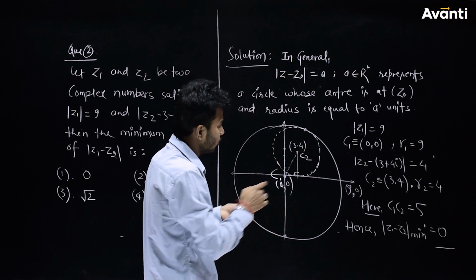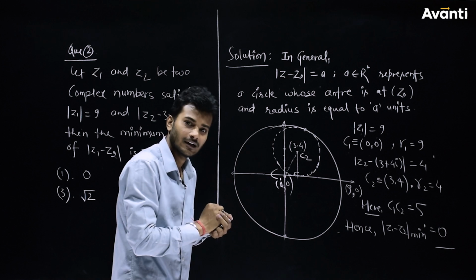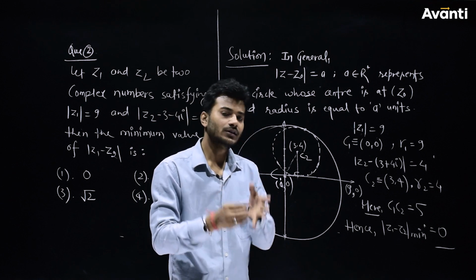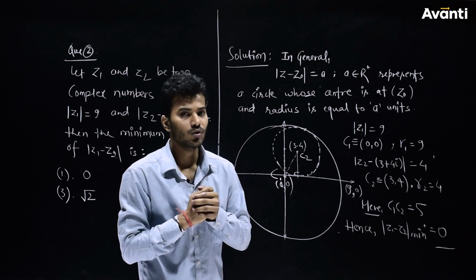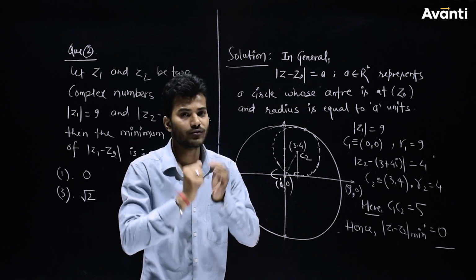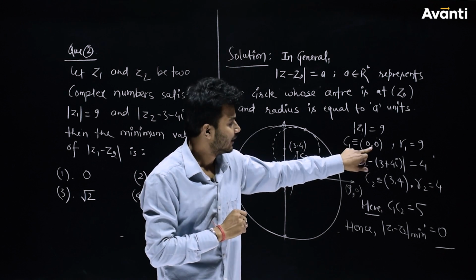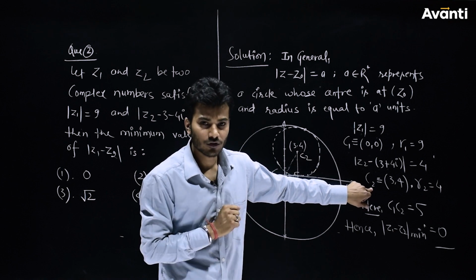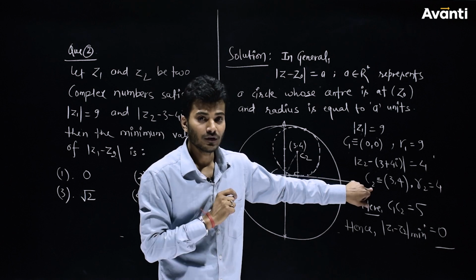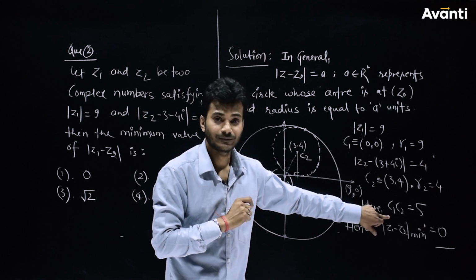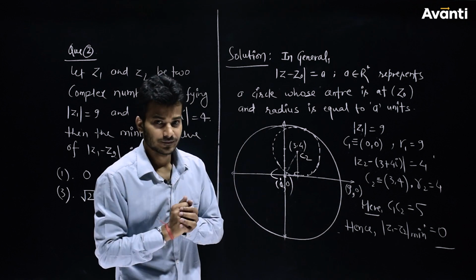Can you find out the distance? Yes, you can find it using the distance formula between two points. What are those points? (0, 0) and the other point (3, 4). So what is C1C2? C1C2 will be 5. You're getting my point?